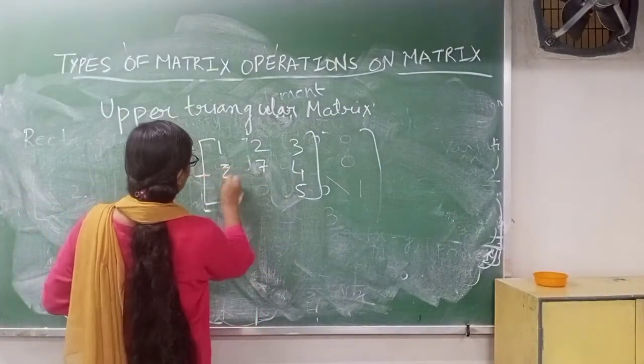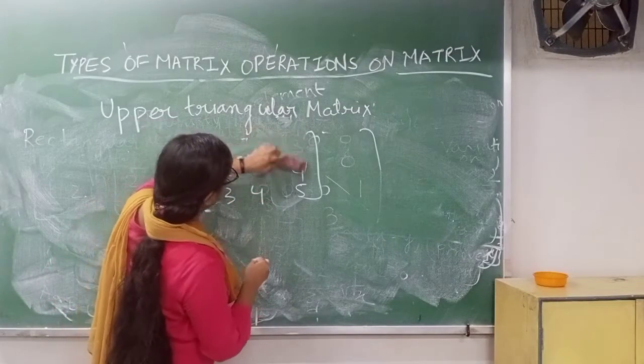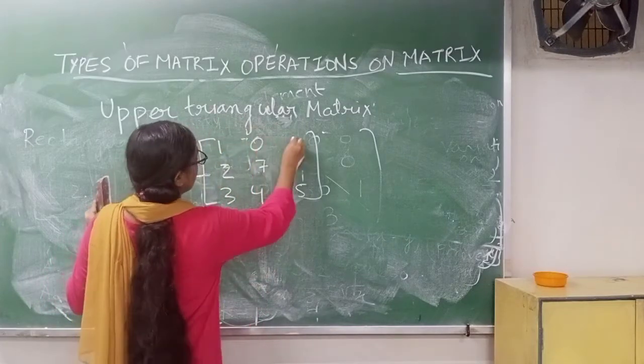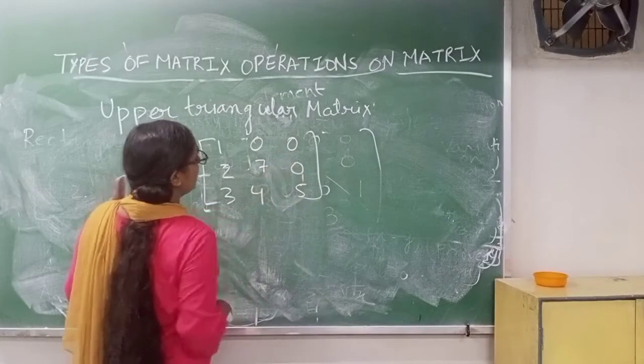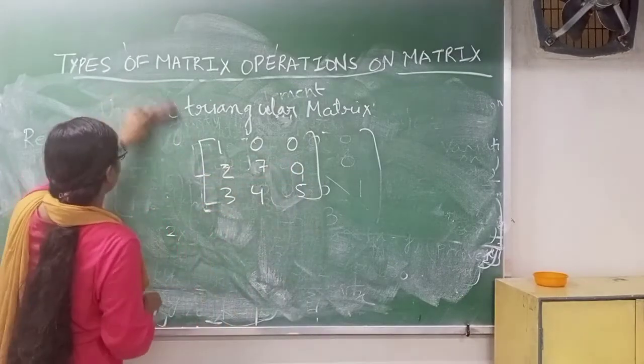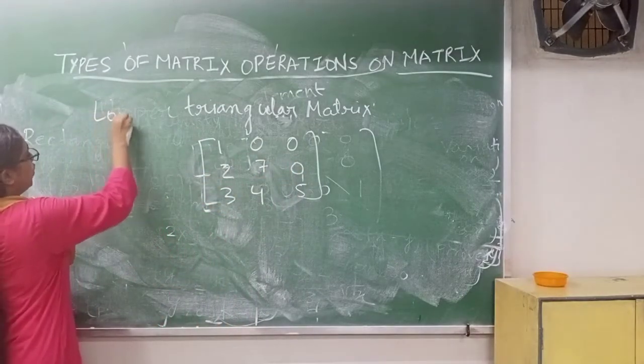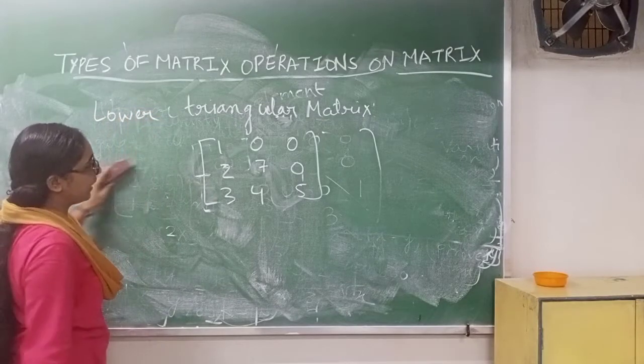Suppose we have 2, 3, 4 here and here we have 0, meaning the upper 3 elements will be 0. At that time it is known as a lower triangular matrix.